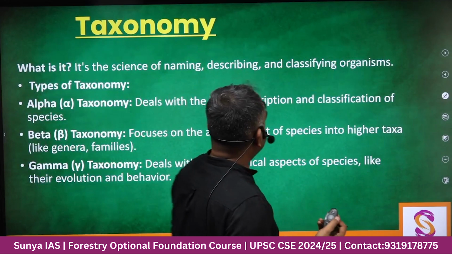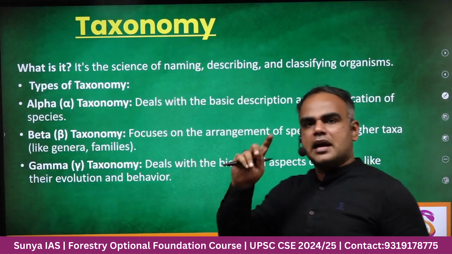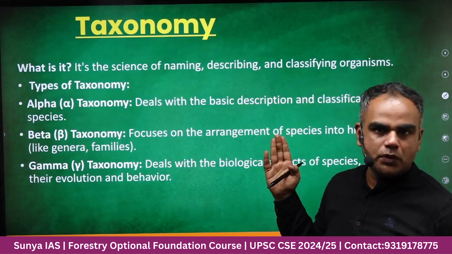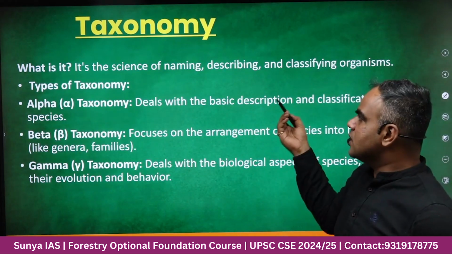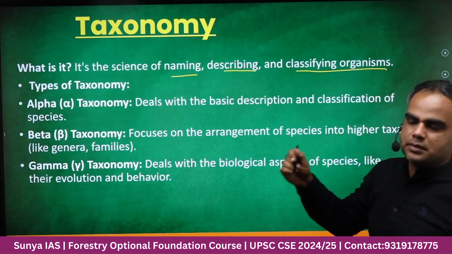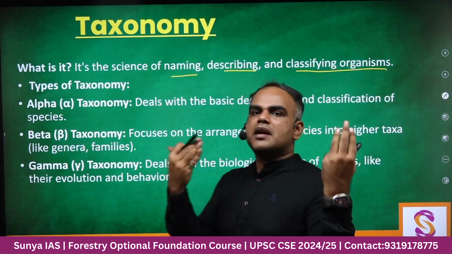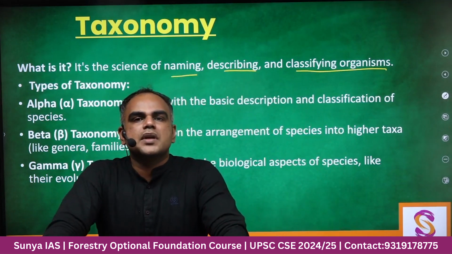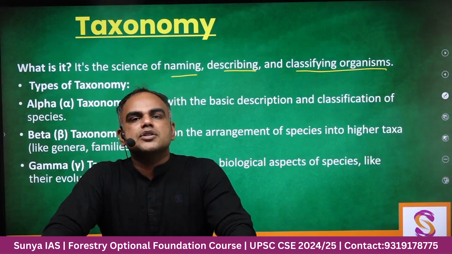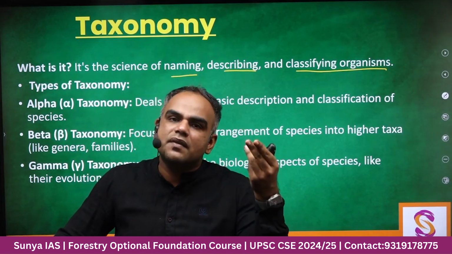Then moving one step ahead, because I told you about nomenclature and classification, now we talk about taxonomy. What is this? It is the science of naming, describing and classifying an organism. Now, if you have read about the plant and animal kingdoms, there are different principles and different ways of classification. A question can also be: why is classification necessary?